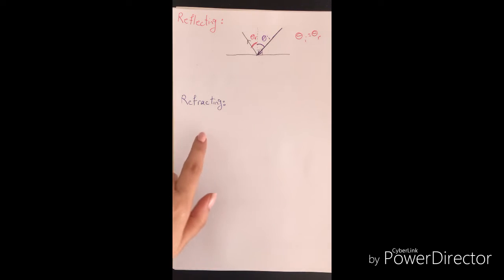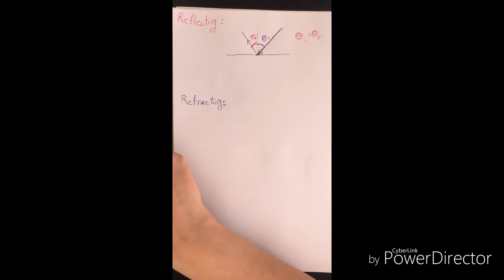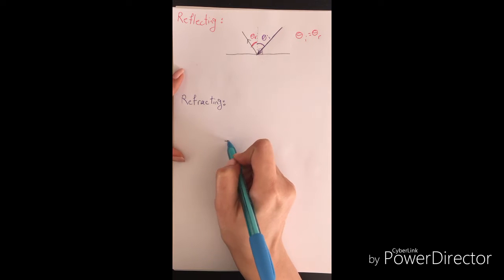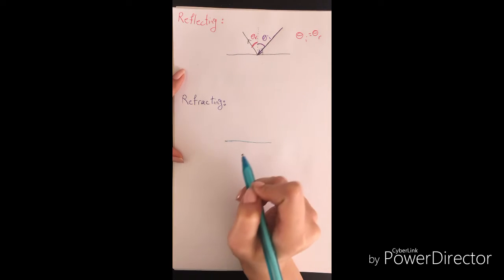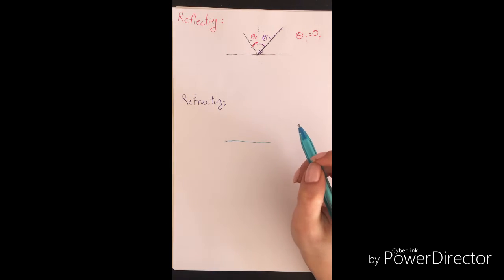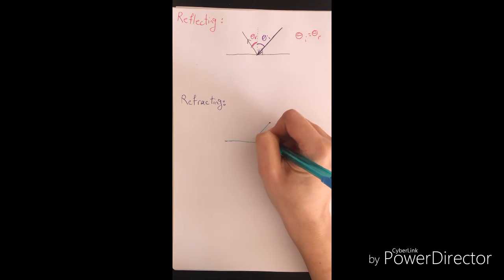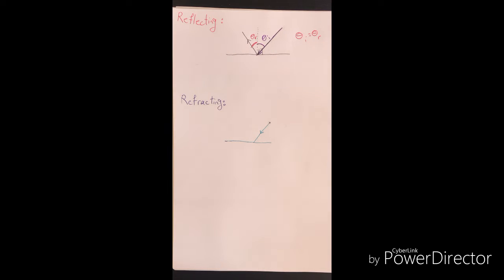Okay, the second one is refracting. What is refracting? Again, we have a surface and the ray of light hits the surface. The initial ray and the refracting ray are not in the same plane.